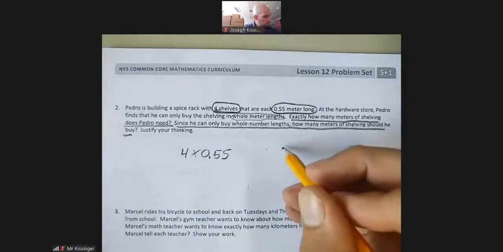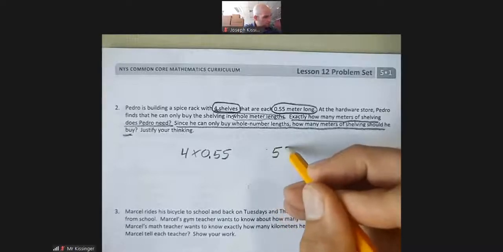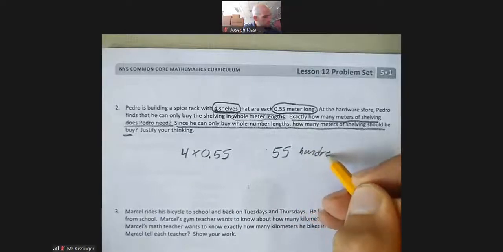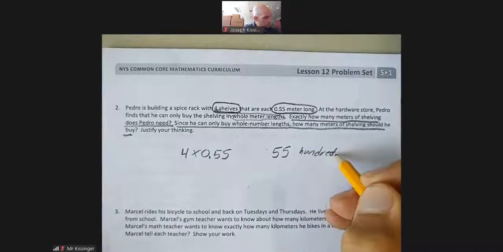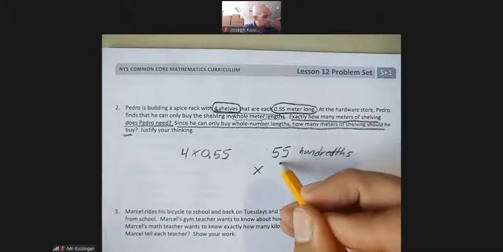So if we did our standard algorithm, we'll do 55 hundredths times 4.